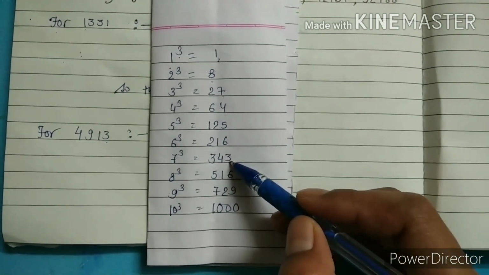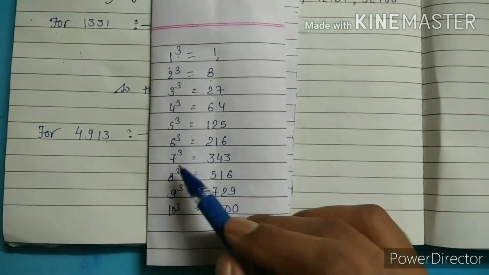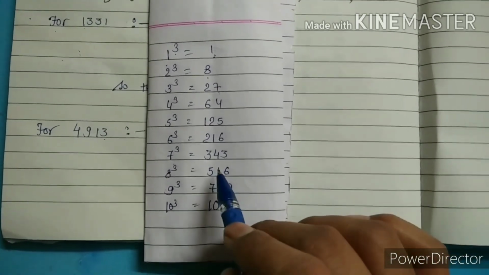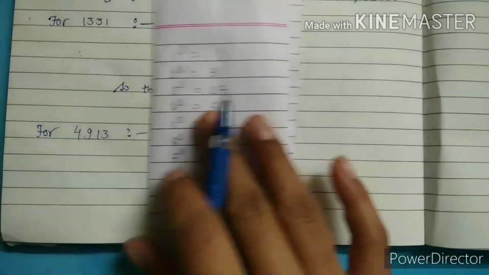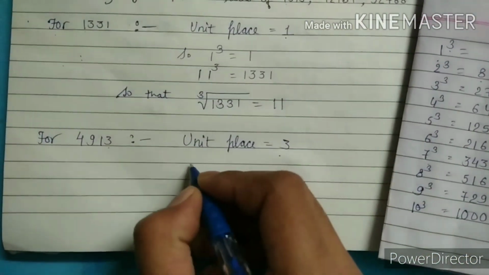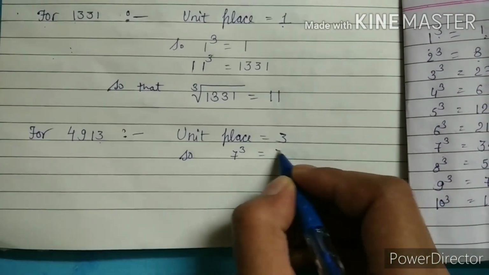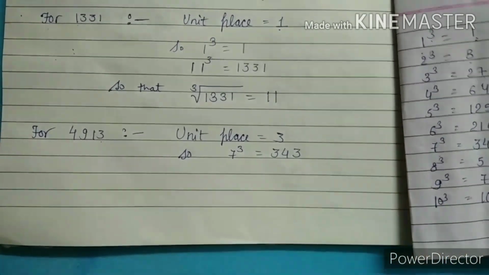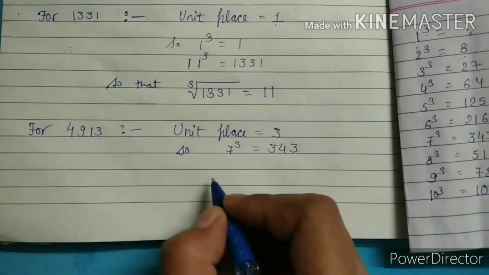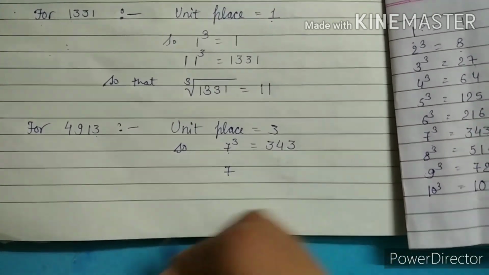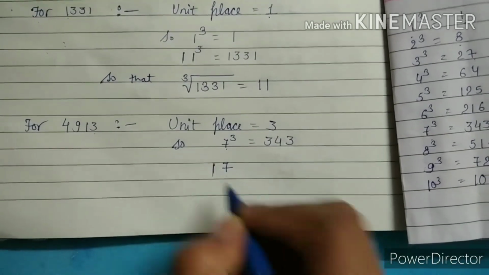So 7 cube has 3 on the unit place. 7 cube is 343. Now the next number having 7 on the ones digit is 17.